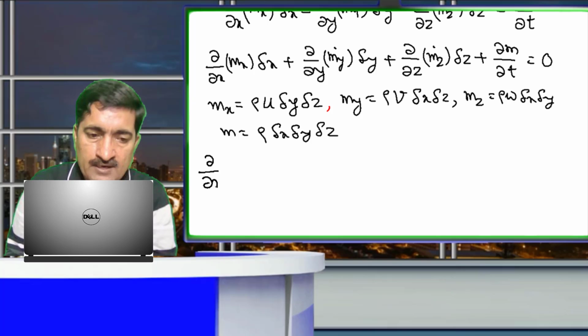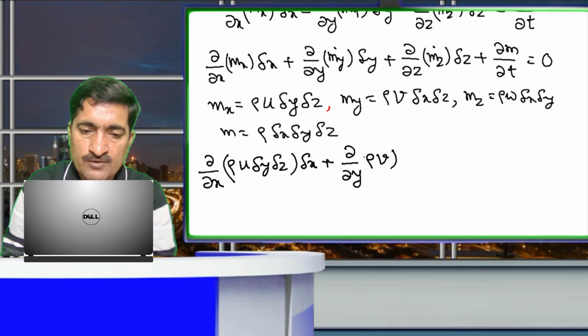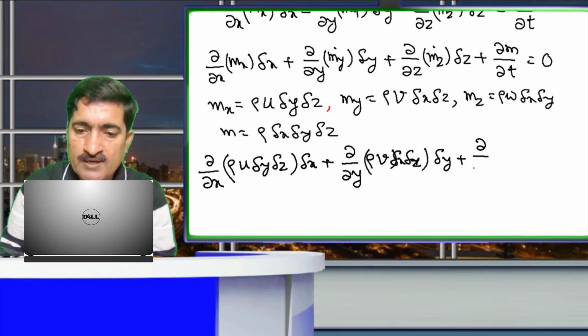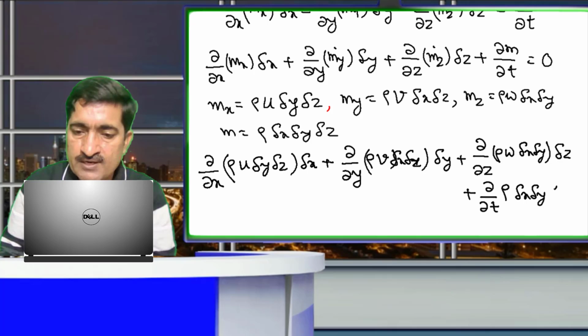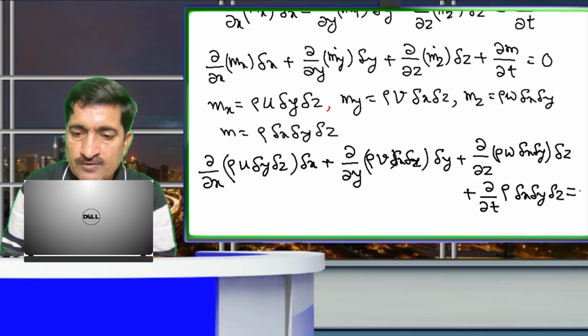Now del by del x of mx, equal to rho u delta y into delta z into delta x, plus del by del y of rho v into delta x into delta z into delta y, plus del by del z of rho w delta x into delta y into delta z, plus del by del t of rho into delta x into delta y into delta z, is equal to 0.